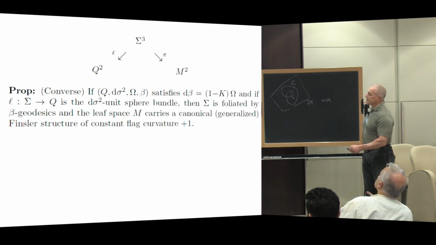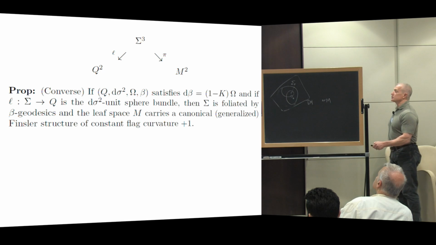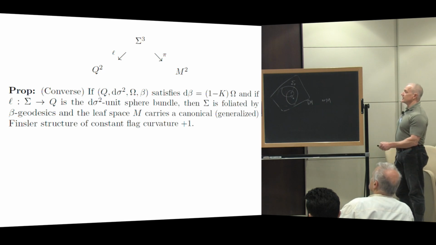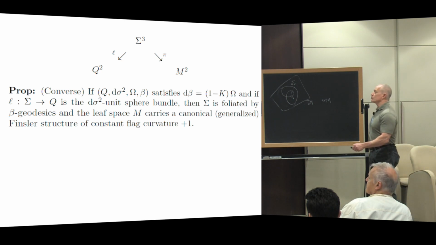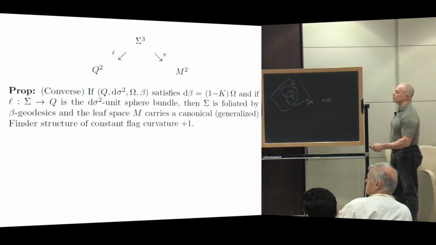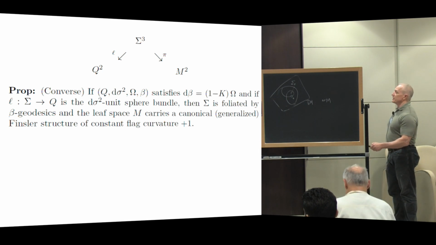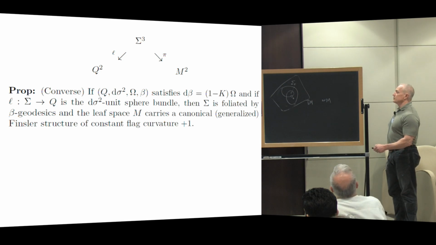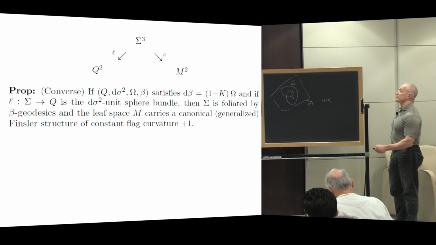And so the data here locally can be thought of as 2 functions of 2 variables, and that actually gives the complete solution in this case in the micro-local picture. When n equals 1, the Finsler metrics of constant flag curvature plus 1 up to diffeomorphism depend on 2 functions of 2 variables.